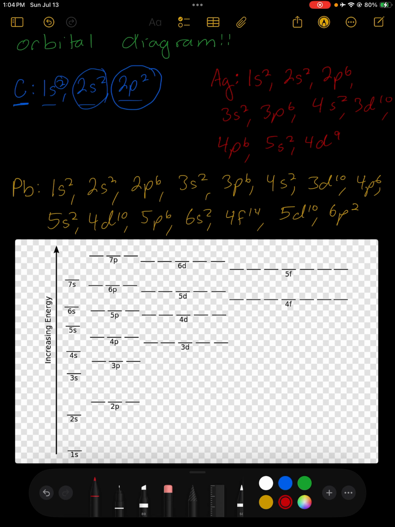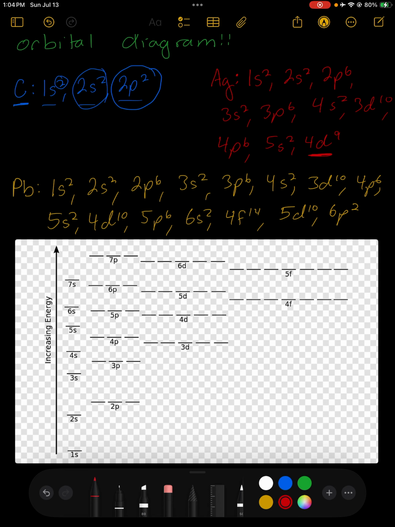The nice thing about orbital diagrams is that unless you're talking about the final piece of the electron configuration, all the other lines are going to be filled with electrons because everything below that final piece of the electron configuration is full. So you can just put an up arrow and a down arrow on every single line until you get to this last piece, and then you have to start paying a little bit more attention.